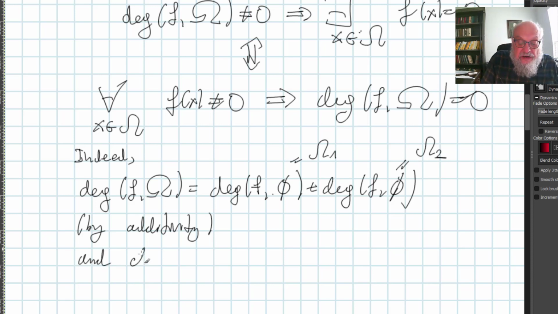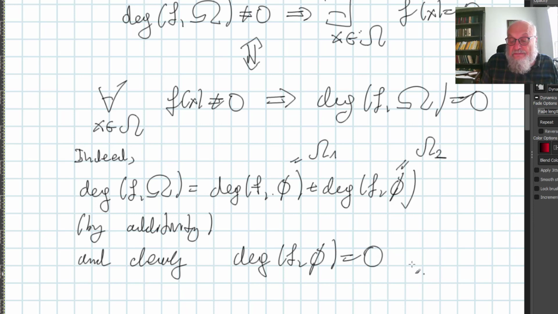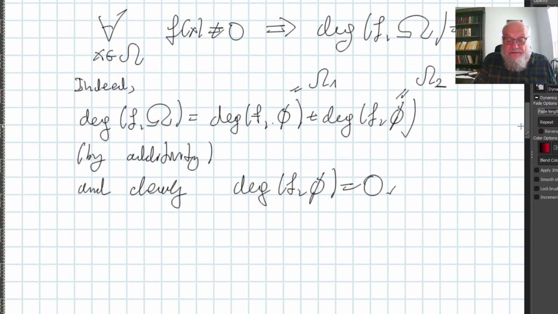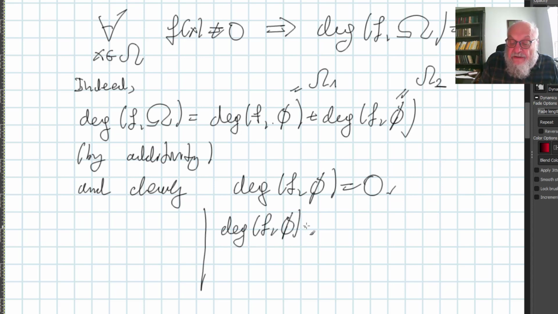And clearly, degree of f on empty set is equal to 0. Is it? Why? Because, put it here, maybe it makes sense to do the trivial.